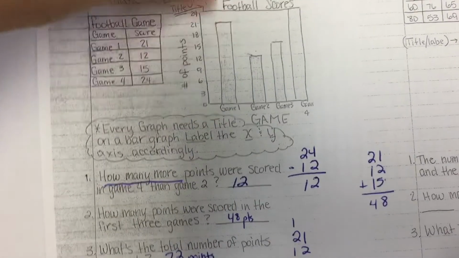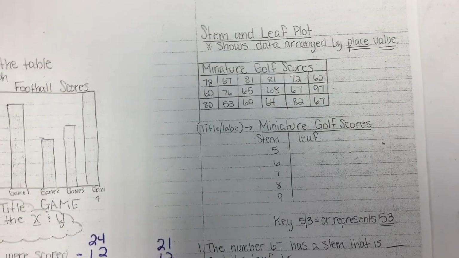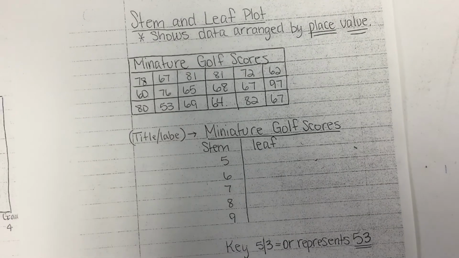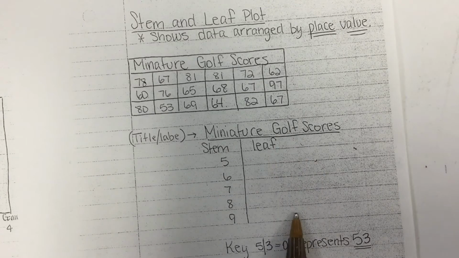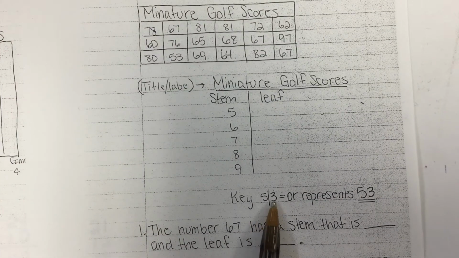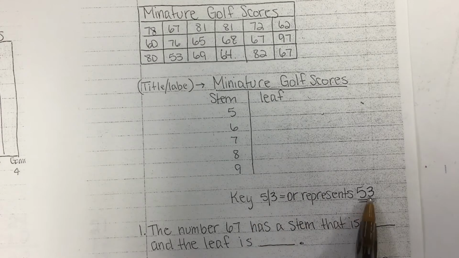All right. Next is the stem and leaf, which shows data arranged by place value. So you know that a stem and leaf plot is done where the ones place is the leaf, which is this side, and the tens place is the stem, depending on what the picture is. So you always have to look at your key. My key says 5, 3. That means tens place, ones place, because 5, 3 represents the number 53.